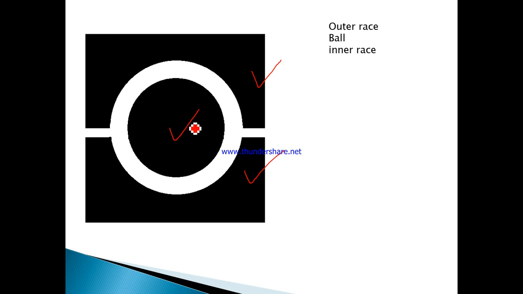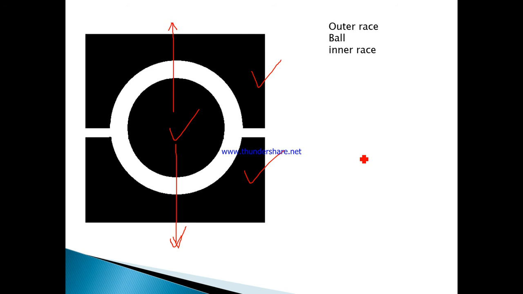Now you see, in this condition, only this arrangement is well enough to take only the radial load. If the dynamic loading is acting radially, then this arrangement will not disturb the dynamic performance.